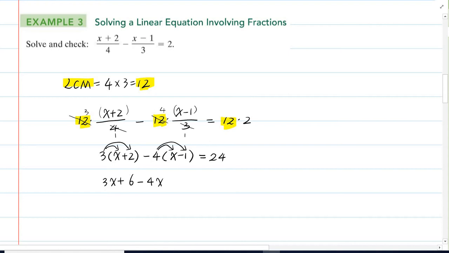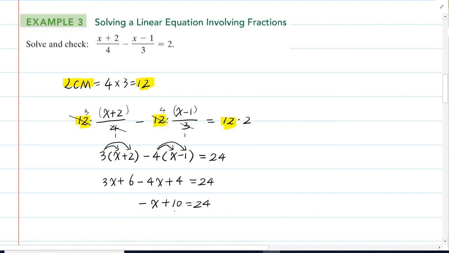Then negative 4 multiplied by negative 1 gives positive 4, equal to 24. Now 3x subtract 4x gives me negative x. Then we simplify a little more: 6 plus 4 gives 10, equals 24.